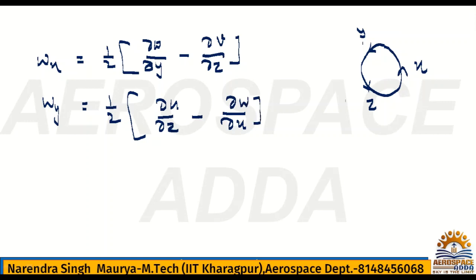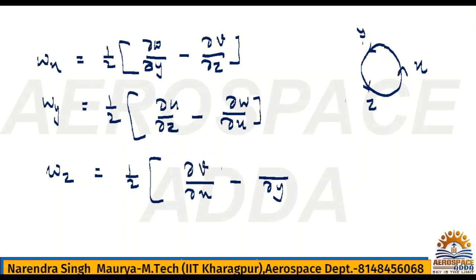W. So w. Okay. After z what you will get? X. After x what you will get? Y. What is the velocity component here? In y direction it is v, so it's v. In x direction what is the velocity component? It is u, so u. This is the formula. Simple.